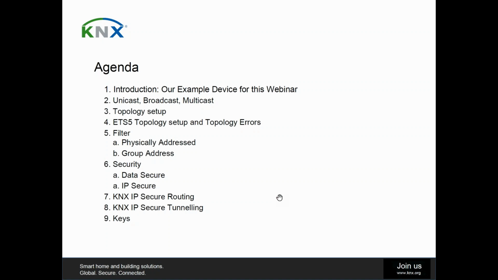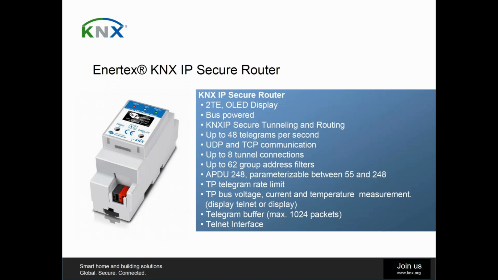So the first point is the example device which I'm talking about, the KNX secure router from Enertex, which you have seen here on that picture. From the front side you can see there is an OLED display on it, so we have some basic information about the device and its actual state.